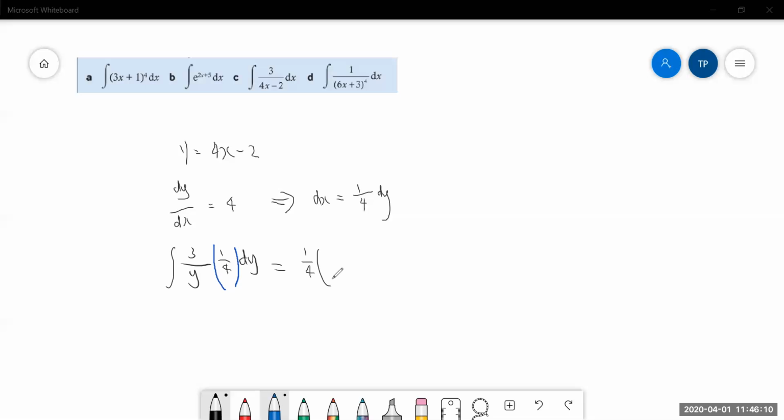You're supposed to take the 3 out as well, because it's a part of the constant. You're supposed to bring all constants out, so it becomes 3 over 4. Then integrate y to the minus 1. No, you never write y to the power minus 1. You'll be integrating 1 over y, right? Oh, so it's ln y. Yes.